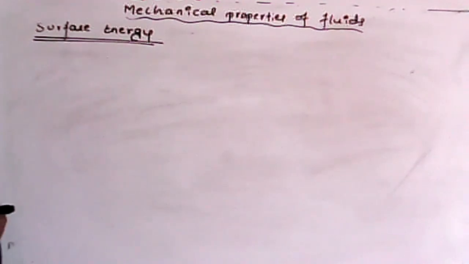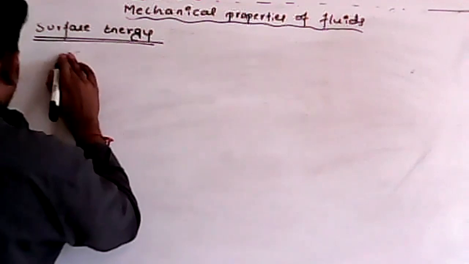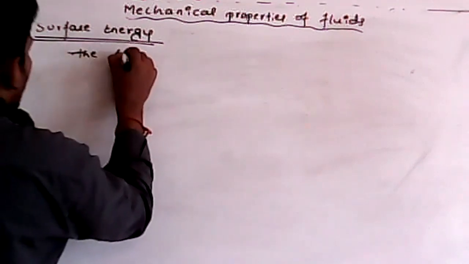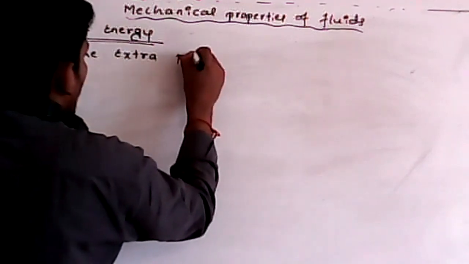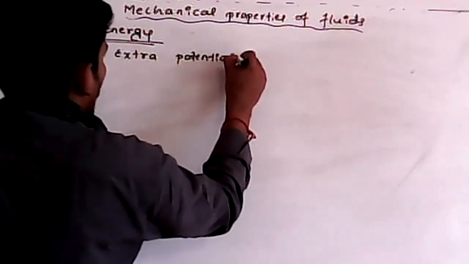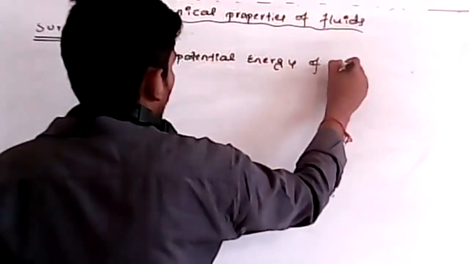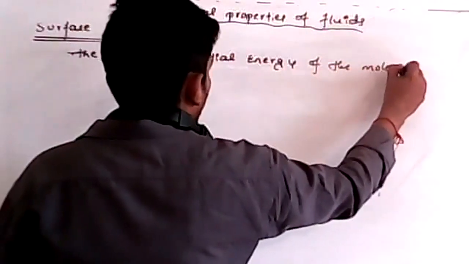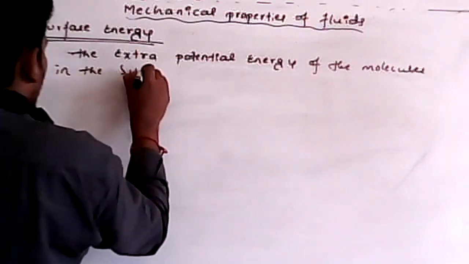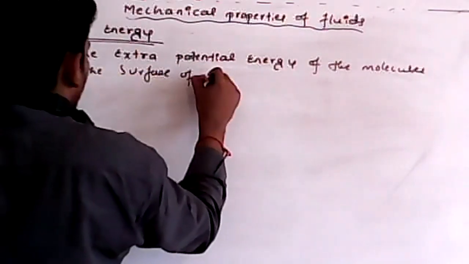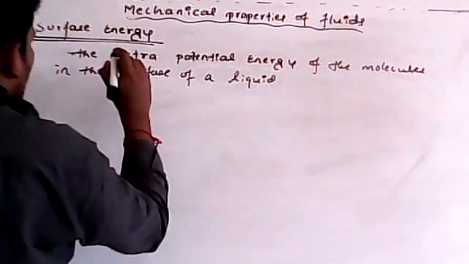In other words, we can write in this way: the extra potential energy of the molecules in the surface of a liquid is called surface energy.